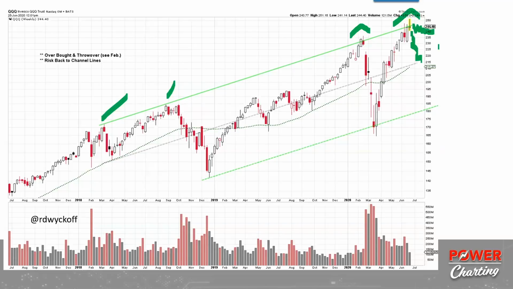But we don't know a lot yet, so we're going to keep an eye on what amounts to a very overbought situation on the Qs on a very large weekly chart. This is a very profoundly overbought chart for the Qs long term.